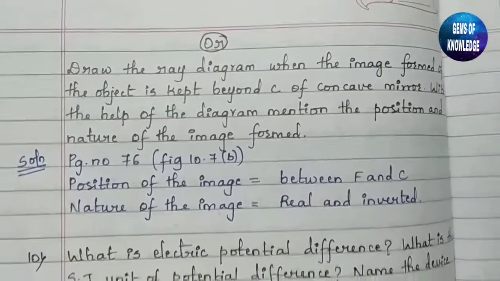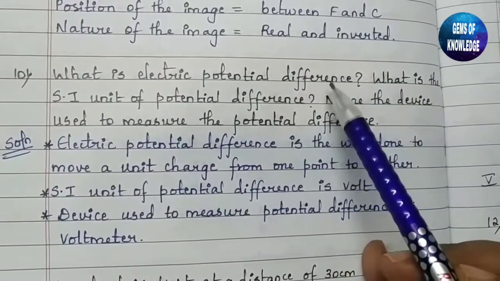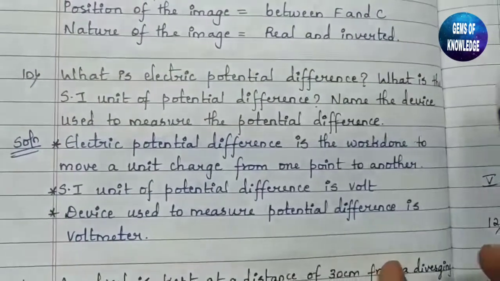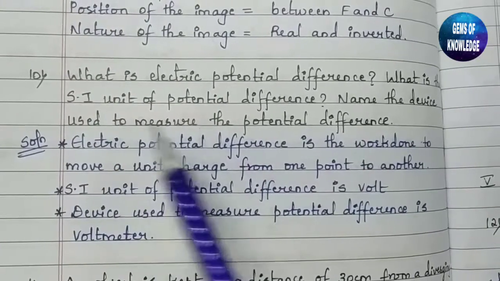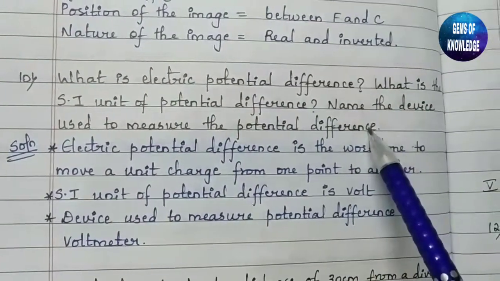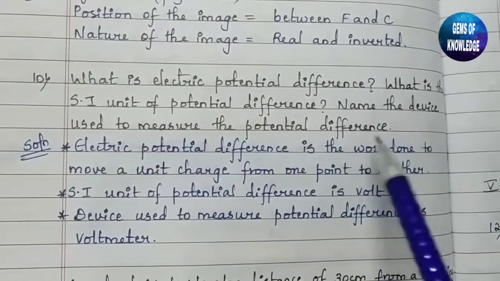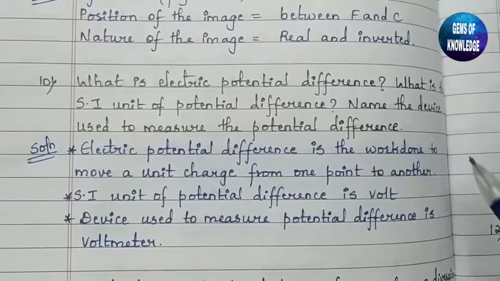Okay, then comes the 10th one. What is electric potential difference? You need to answer what is electric potential difference, what is the SI unit of potential difference, and name the device used to measure the potential difference. So electric potential difference is the work done to move a unit charge from one point to another.